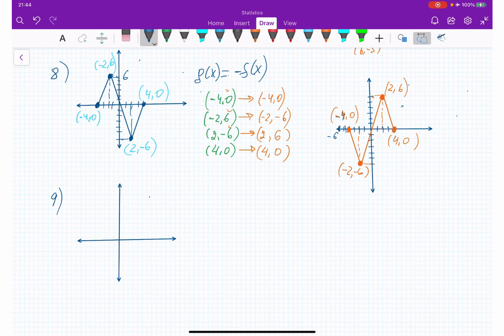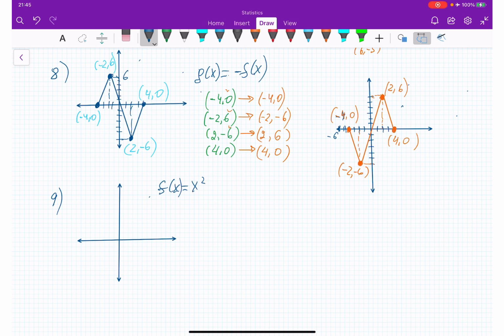So we have x squared. We have our f. We need to graph. Okay, we have f of x is equal to x squared.